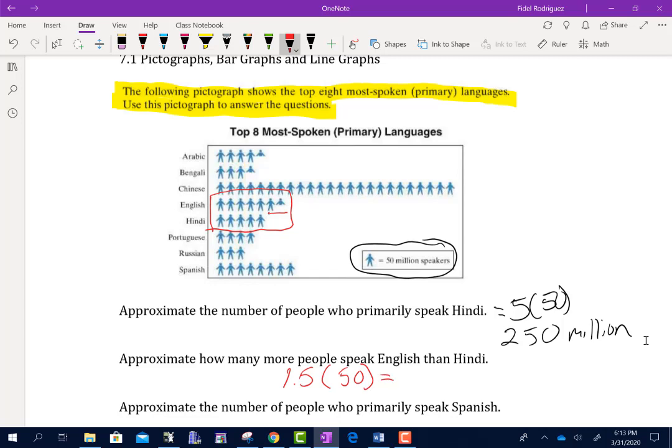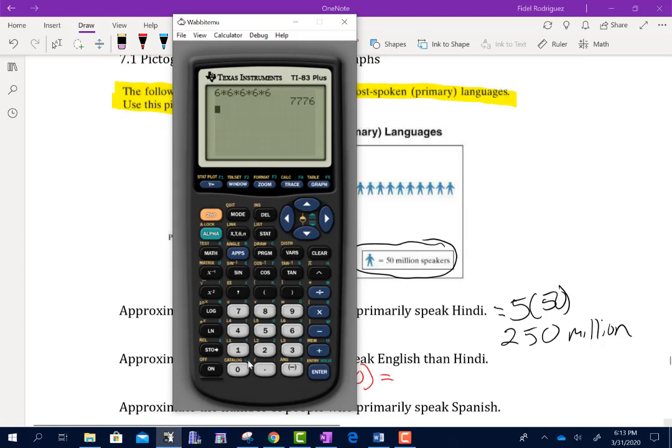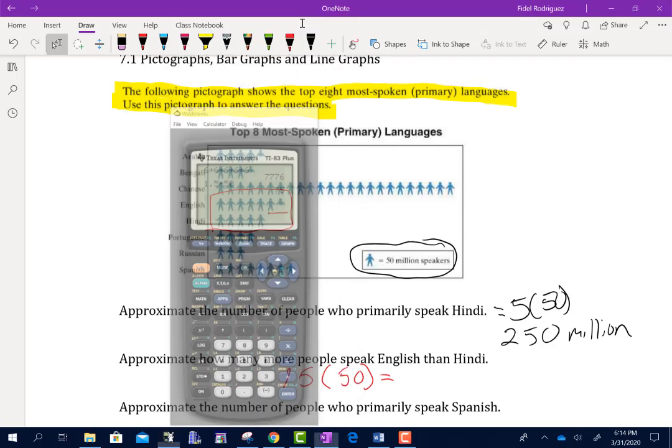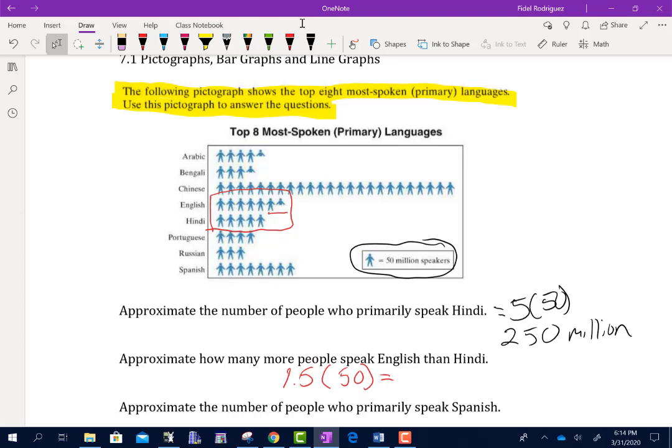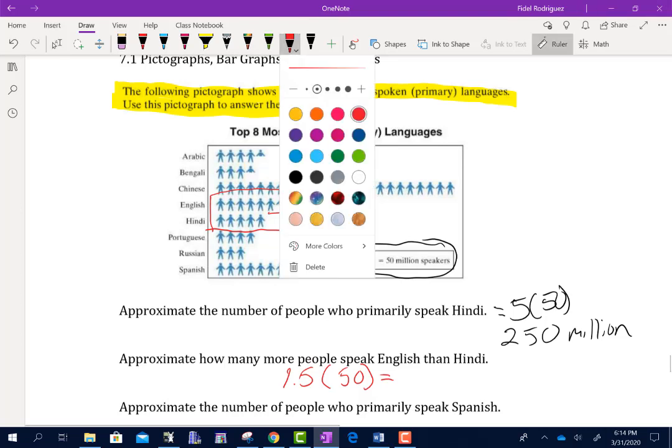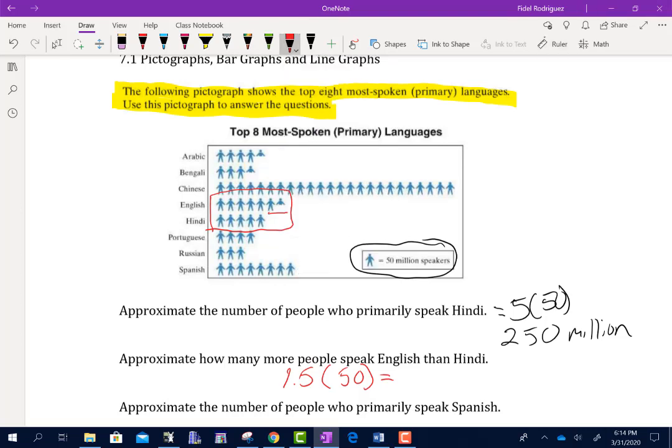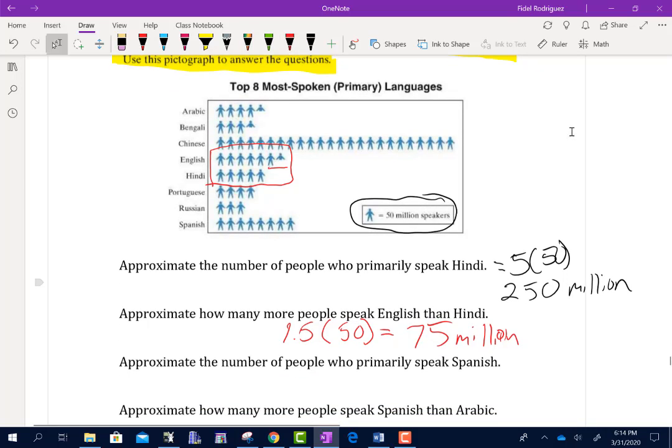And again, I'm going to use my calculator here. 1.5 times 50 is going to give me 75. So that would be 75 million, right?